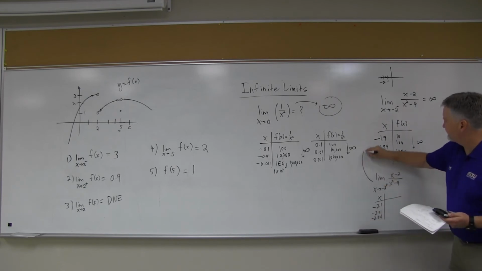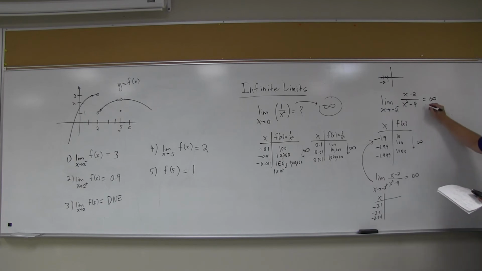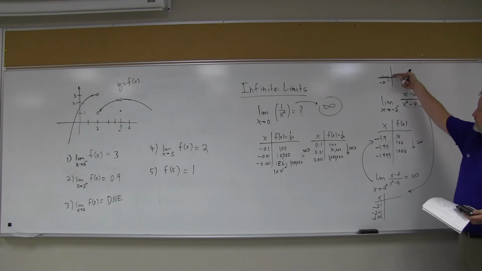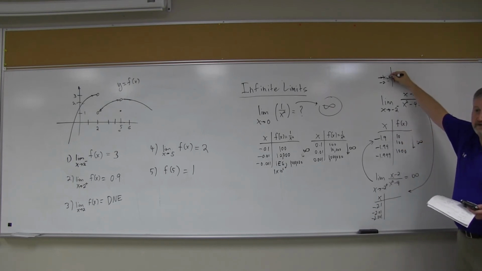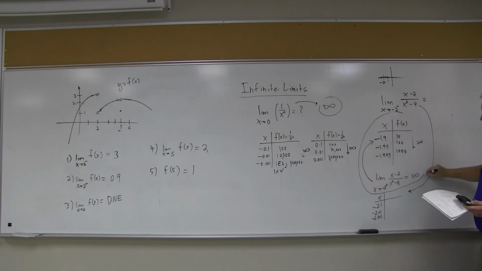Is that too confusing? I did those backwards. You see that? Because if I approach -2 from the right, from this side, that's going to -1, so it'd be -1.9, -1.99. So this one is infinity.